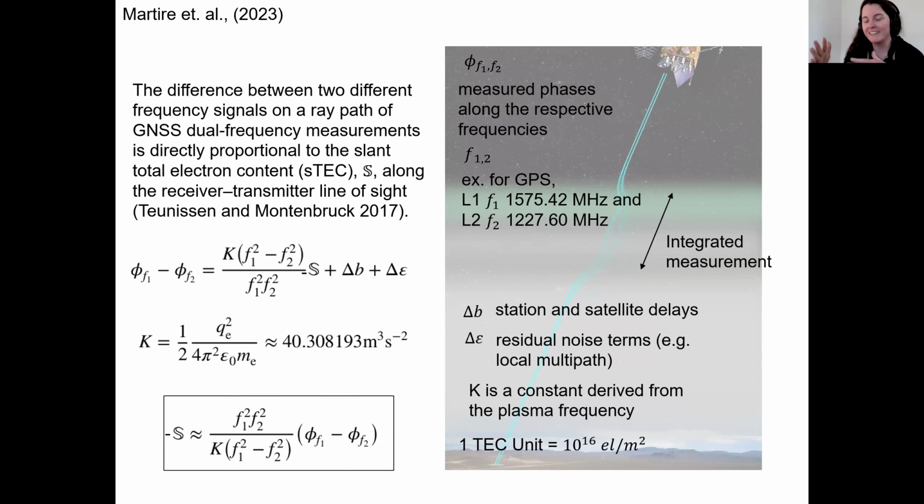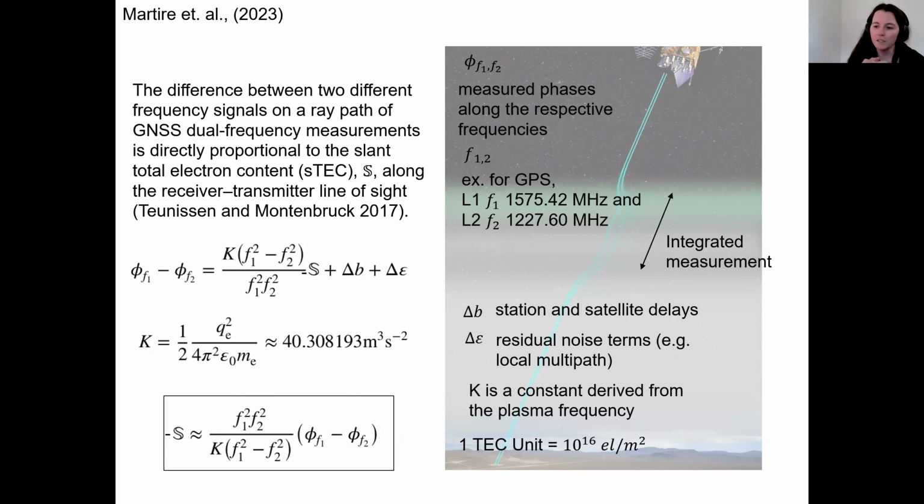Different frequencies are affected differently. Because we have 2 up to 3 frequencies that the satellites broadcast at, we can look at the differences between these frequencies and measure ionospheric densities. This is the fundamental system that is GNSS remote sensing of the ionosphere.